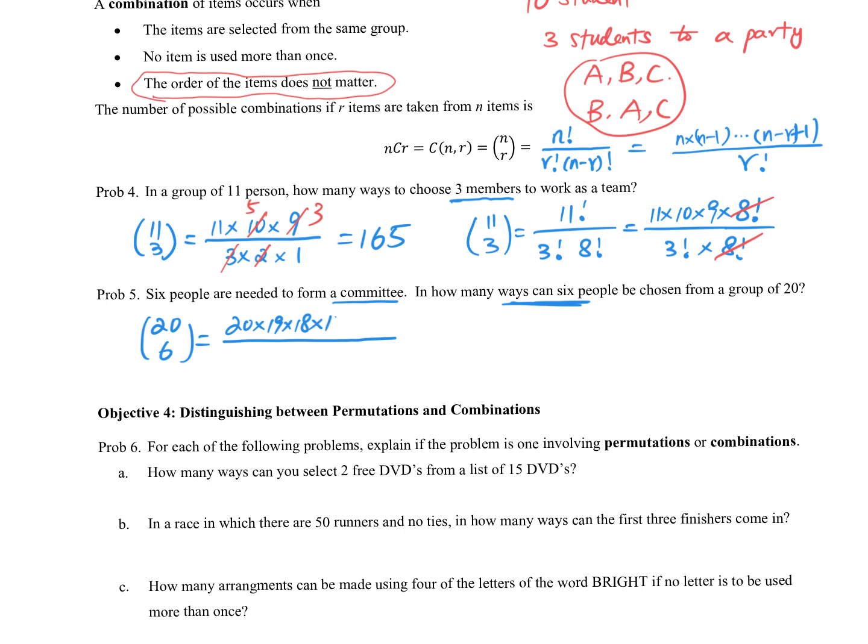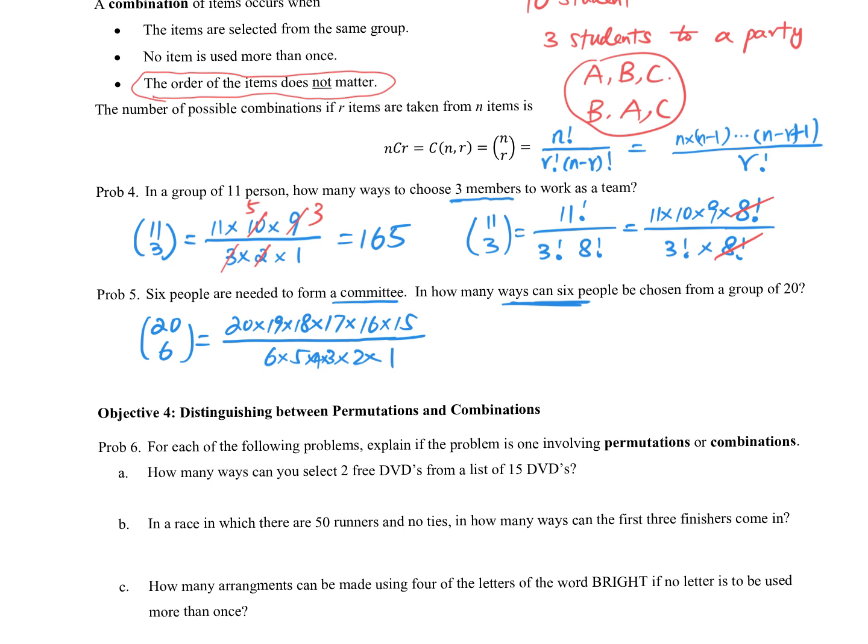What's the last number that you should multiply? So 20, 19, 18, 17, 16, 15, then I'll stop because there are 6 numbers here. That's the 6. And then 6 times 5 times 3 times 2 times 1. Oh, missing the 4. So there's a 4 there.